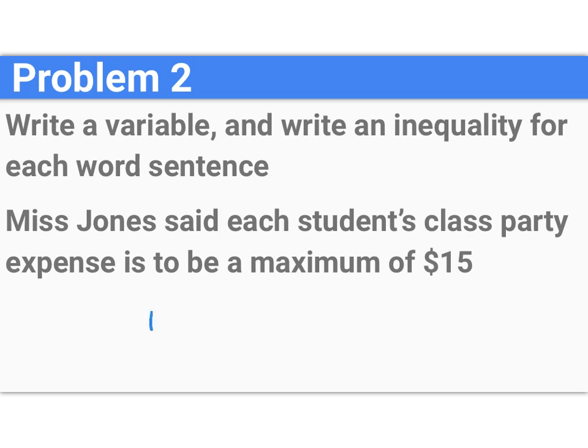So let's say party maximum. The highest it can be is 15, so it has to be 15 or less. It can't be bigger than 15. The maximum is 15. So that is your comparison. The party is less than or equal to 15.